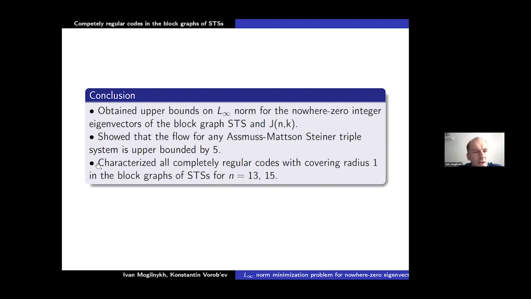And also we characterized all completely regular codes with covering radius 1 in the block graphs of Steiner triple systems for orders 13 and 15. This is it. Thank you.